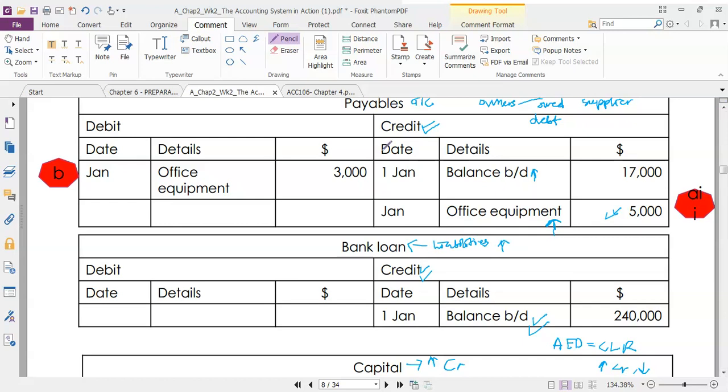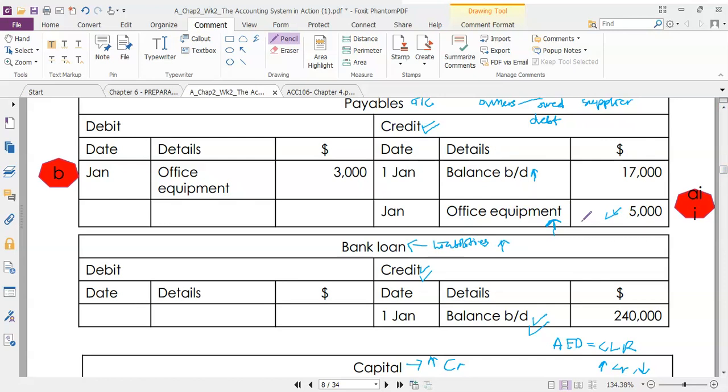Kita beli secara hutang. So, berapa amount hutang kita yang tinggal? Bukan 7,000 lah. Only 5,000, because another 2,000 we already paid the deposit. So, dah bayar 2,000 tadi. So, you akan dapat account payable, credit 5,000, details of this equipment. Kenapa account payables kita letak dekat sebelah credit 5,000?